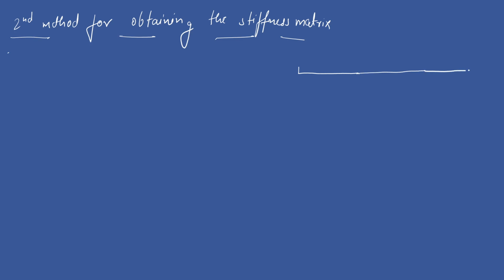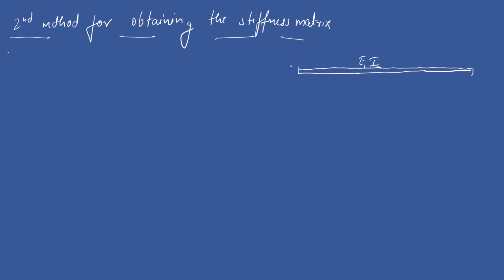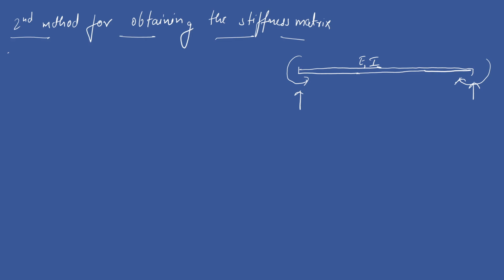So let's assume this is your beam, having the material and geometry property of EI. Let's say at one end you have a certain amount of rotation and displacement, then at this end another rotation and another displacement at the second end.